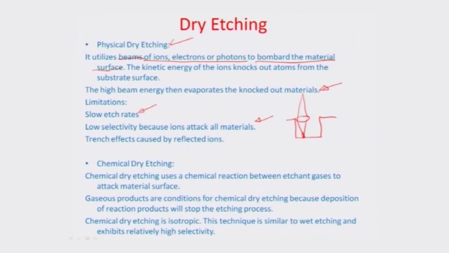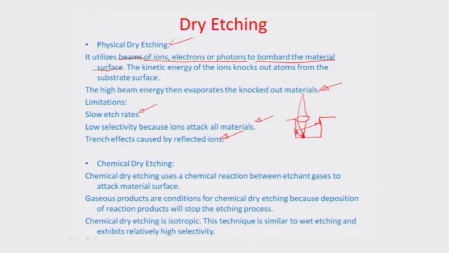There is obviously a deflection or bombardment of the electrons which would strike the surfaces like this, and the momentum is still not consumed properly, and some of these electrons would bounce back, and so they would create a rough surface, which is also known as the trench effect by the reflected ions or reflected electrons. So, that is an obvious disadvantage of physical dry etching.